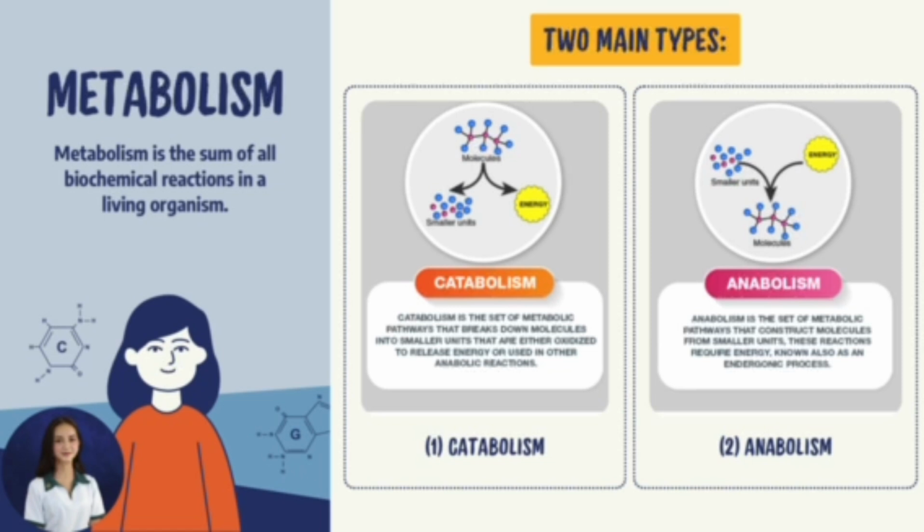Catabolism is the set of metabolic pathways that breaks down molecules into smaller units that are either oxidized to release energy or used in other anabolic reactions. The second is anabolism. Anabolism is the set of metabolic pathways that construct molecules from smaller units. These reactions require energy, known also as an endergonic process.